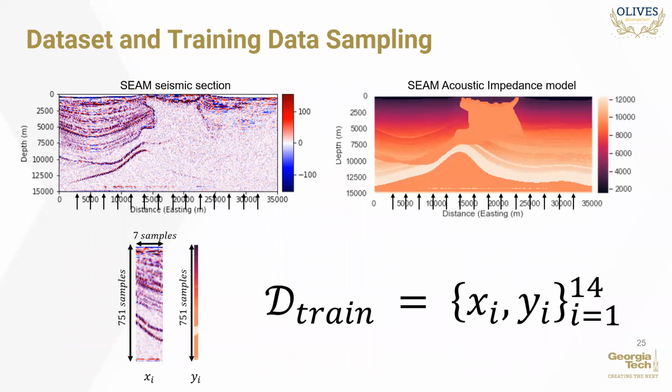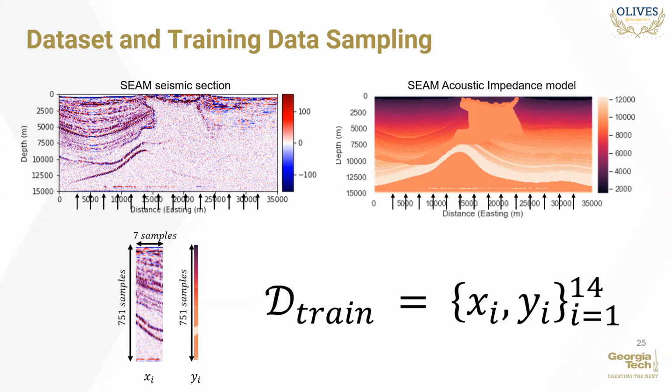The data set that I use to demonstrate this framework is the popular SEAM data set. It has a corresponding seismic section that I'm showing on the left, and a ground truth velocity acoustic impedance model that I'm showing on the right. And then I sample both the seismic and the corresponding property model for 14 equidistant well positions.